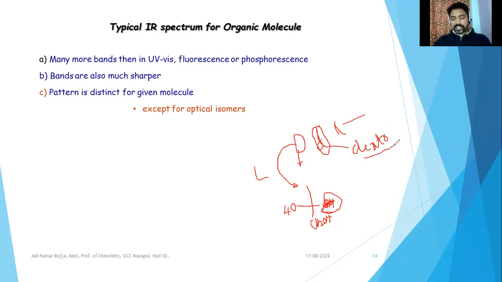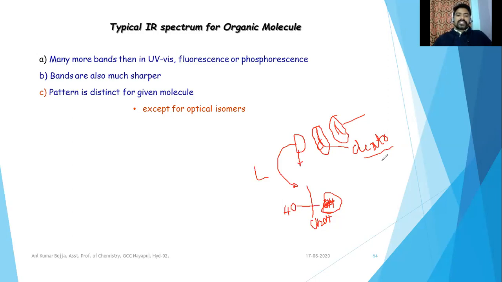Dextro means the molecule rotates the plane polarized light towards the right side in a spectrometer, whereas levo means the molecule rotates the plane polarized light towards the left side.